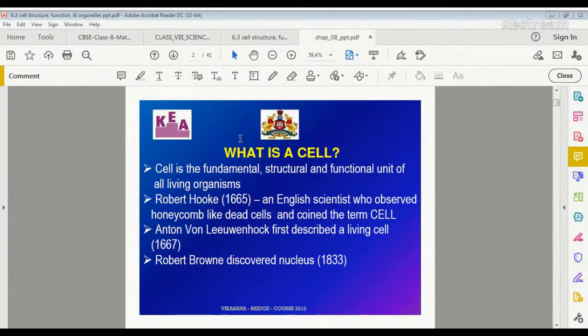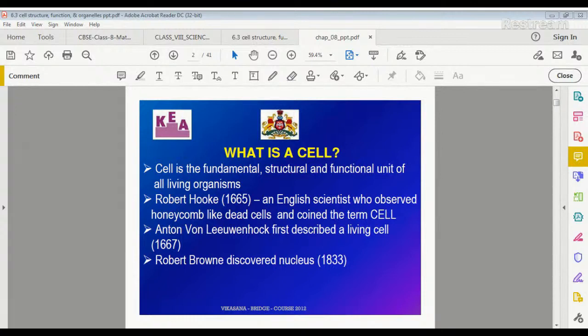Now, how was the discovery of the cell? How did it happen? Let us see. The cell was discovered by Robert Hooke in 1665, and he observed slices of cork under a simple magnifying device.